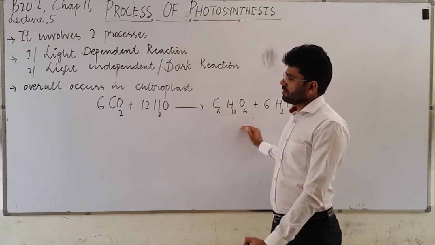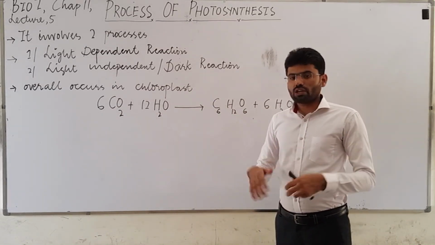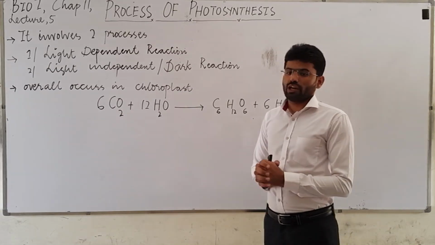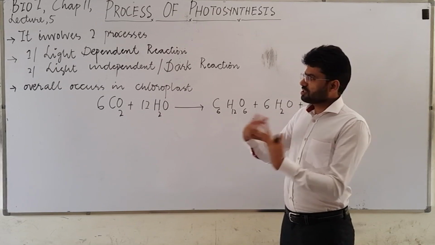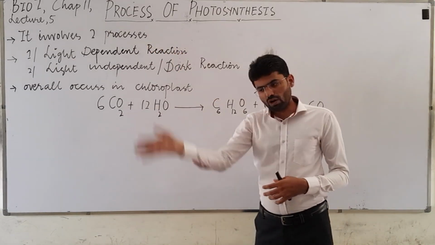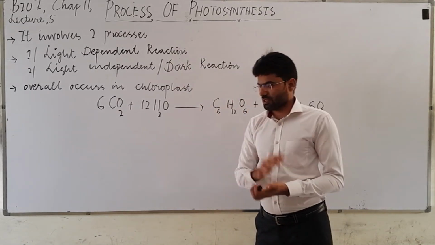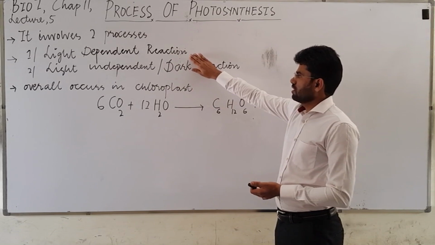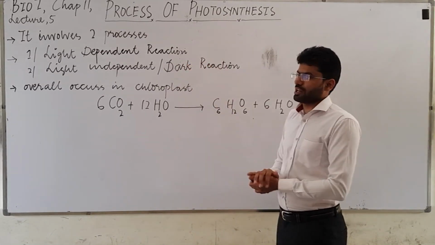In this equation, it is not showing you what kind of reactions or processes are going to occur, but, as I have written, the overall process of photosynthesis is divided into 2 processes. Number 1 is called the light dependent reaction.